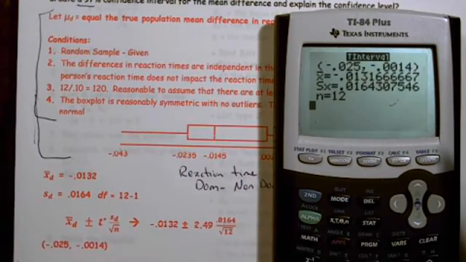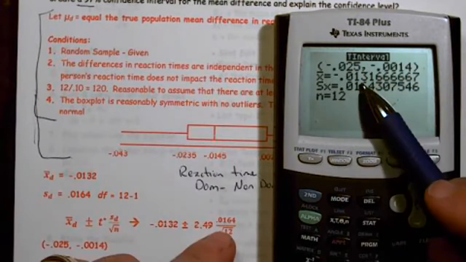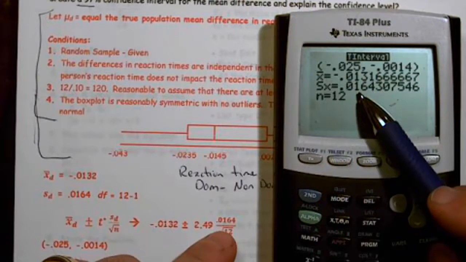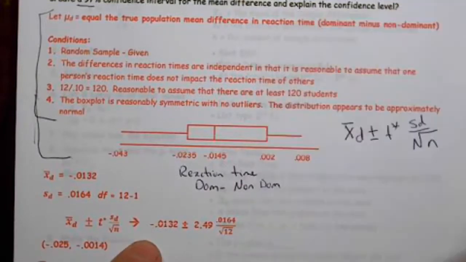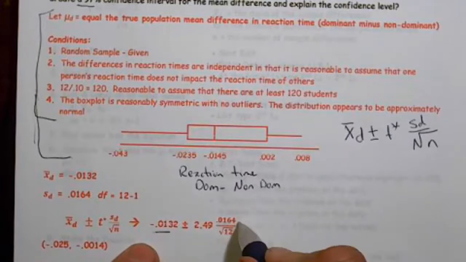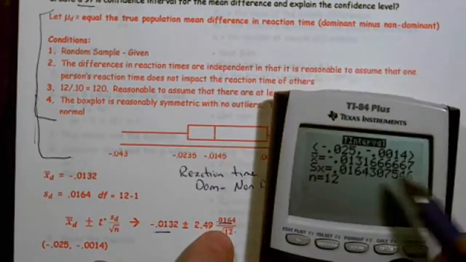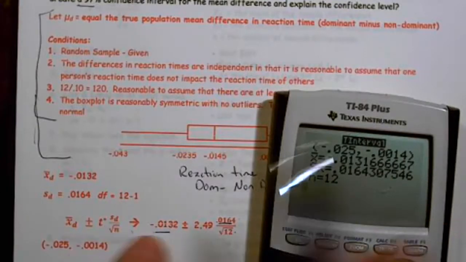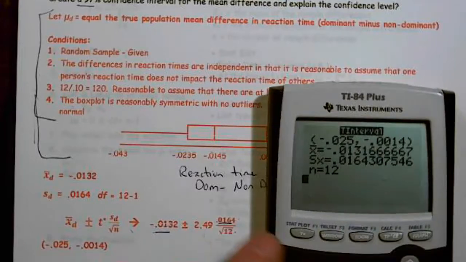I calculate it, and this is my lower bound and my upper bound. There's my x bar again, negative 0.013, and my standard deviation is 0.016. So I can plug in this value and this value from this page. But what I'm missing is t star, so we need to go back and get t star.